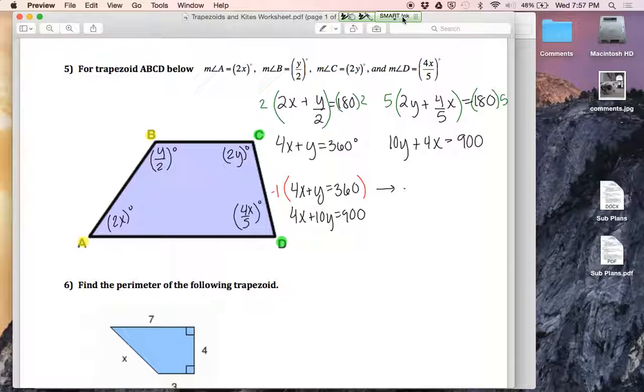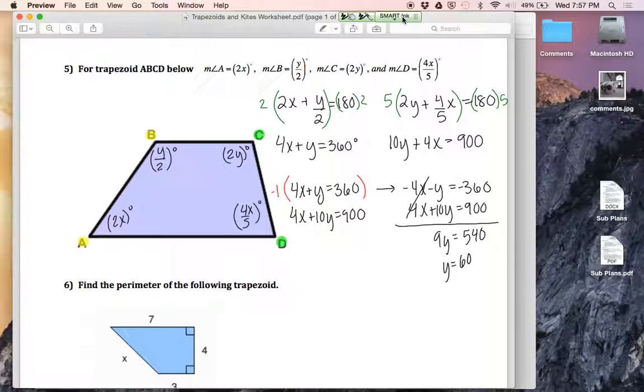So that gives me -4x minus y equals -360, and the bottom equation stays the same. I'm going to add them, so these cancel, and this becomes 9y. And then 900 minus 360 is 540. And then divide by 9, and I get y equals 60.